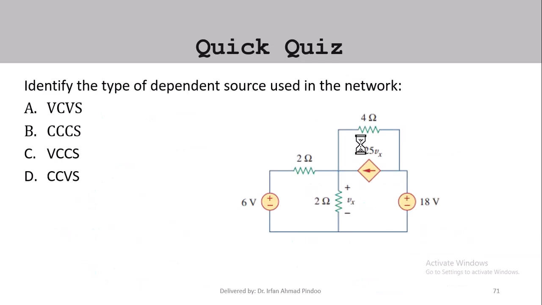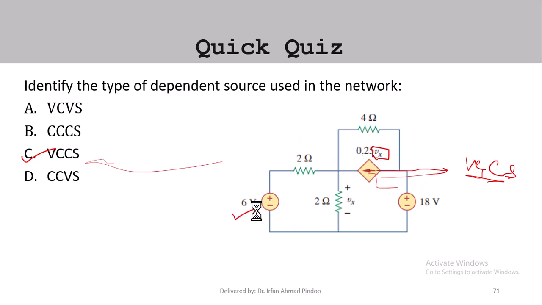Now you can see in this circuit also what dependent sources are. See, this is a current source, because the symbol is a current source. It is dependent on V, the value of voltage. So it is a voltage controlled current source, VCCS. Learn from this question what a dependent source is.